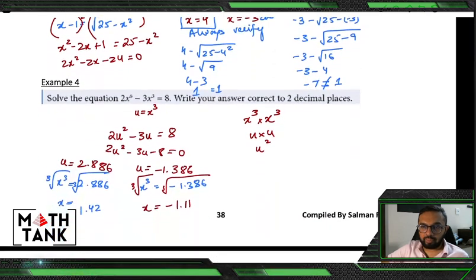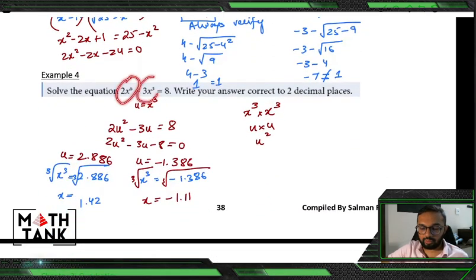Then the other type of disguise is higher powers. You will always see powers in this format. What you can do is use a substitution and then come up with solutions for u. Use those solutions for u to find out solutions for x. That's a typical question on the past papers.